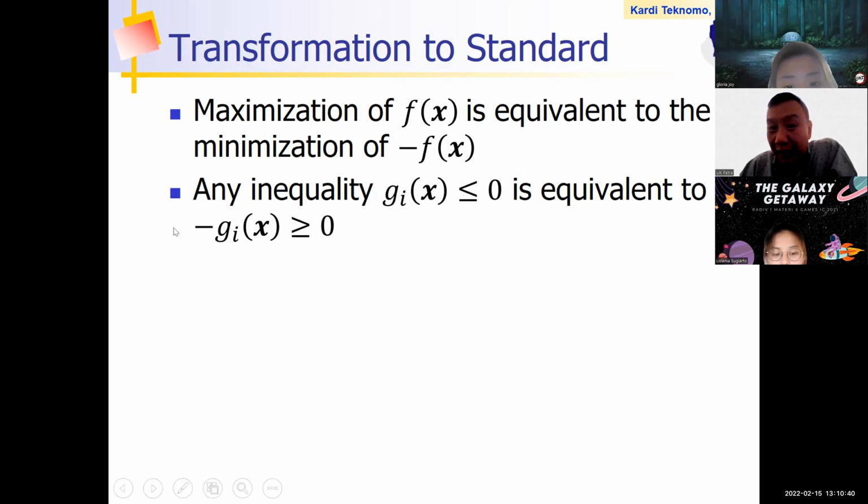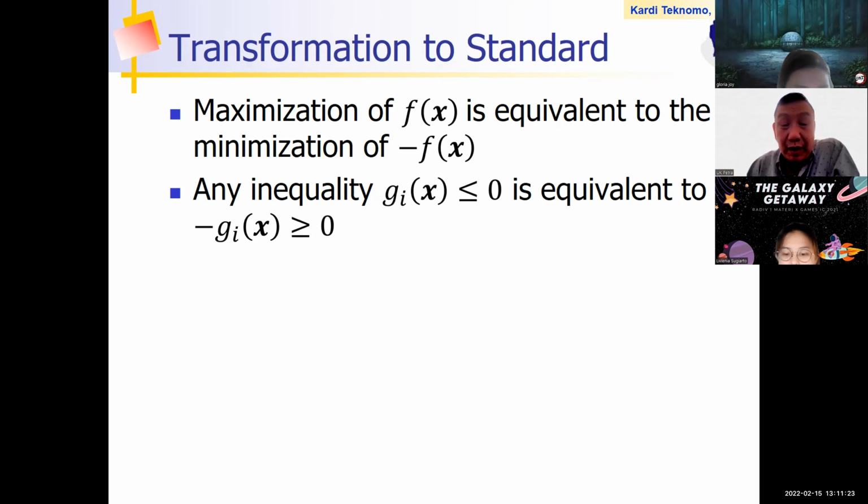So if your constraint, for example, g_i of x is larger than 0, you multiply this constraint by -1, then that is equivalent to g_i less than 0. Same as your maximizing: if you multiply by -1 it becomes minimizing, but in the constraint. So if your constraint is larger than 0, you just multiply by -1.